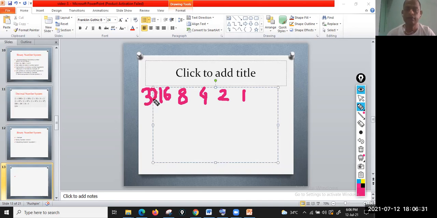This way, if I have to write down the number 5, how can we write it? This is the decimal number, and how can we convert decimal number 5? 5 is 4 plus 1. Then you just need to write down the places of 4 and 1, and put 0 where it is not required.